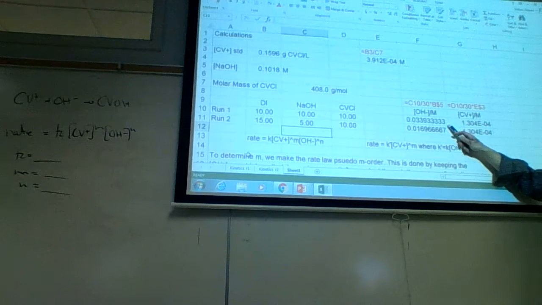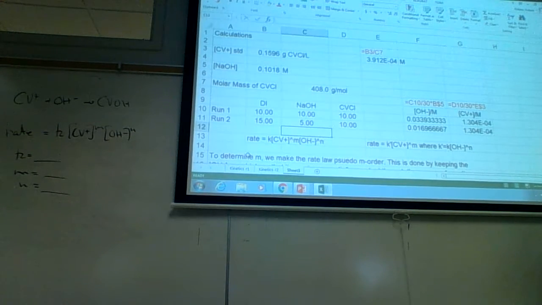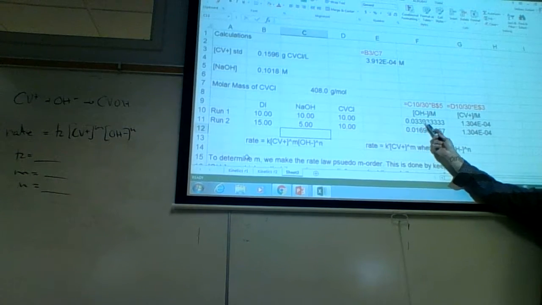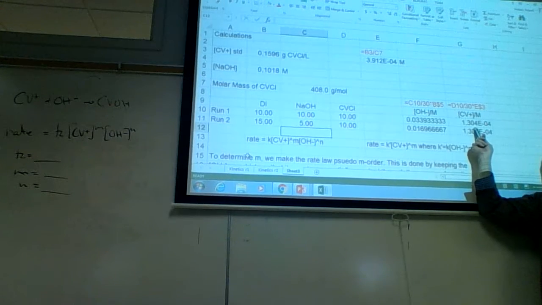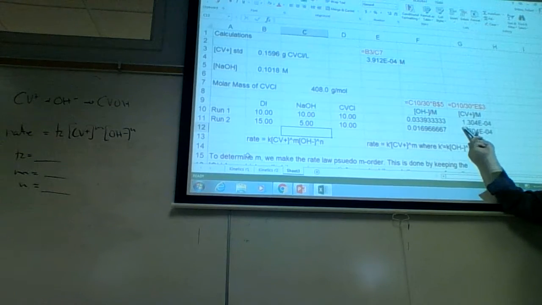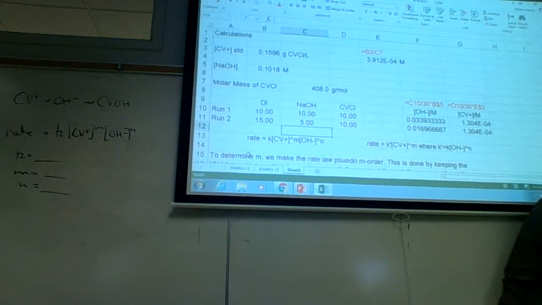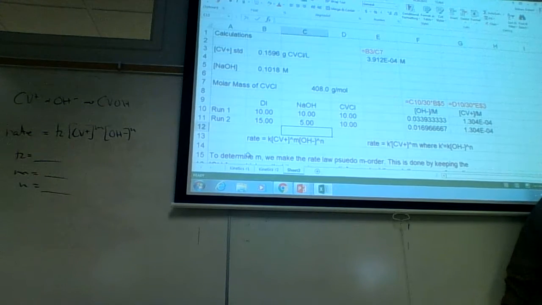Is it going to be the crystal violet or the hydroxide? Well, crystal violet is 10 to the minus 4 molar. This is 10 to the minus 2. We need equal molar. And so the limiting reagent is going to be crystal violet. In fact, for crystal violet, we only need 10 to the minus 4 molar hydroxide, but we have much, much more hydroxide. And so hydroxide is in large excess.